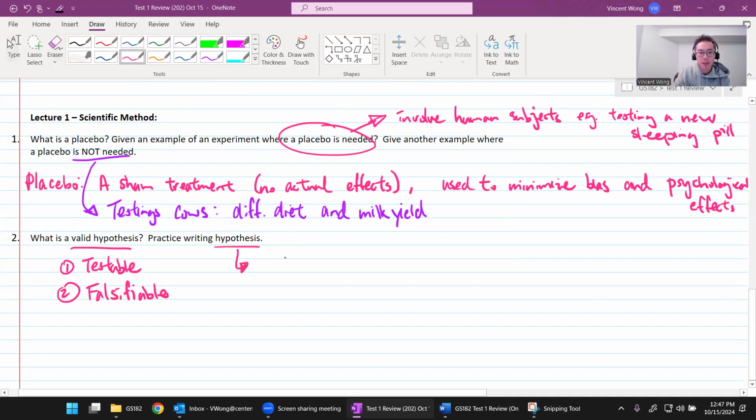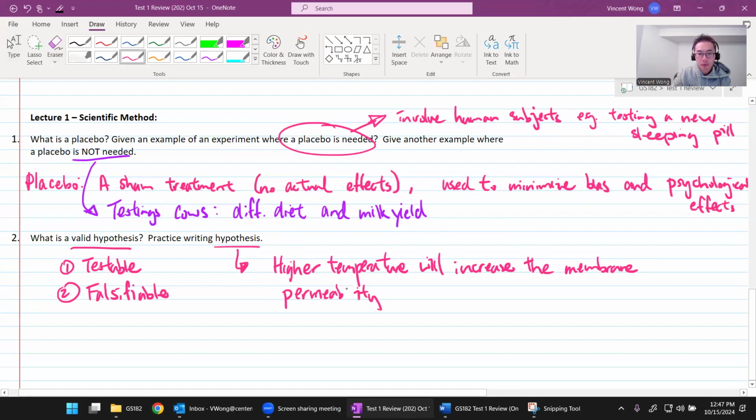For example, in the beetroot lab, a good hypothesis would be: higher temperature will increase the membrane permeability, resulting in more pigment being released into the water.